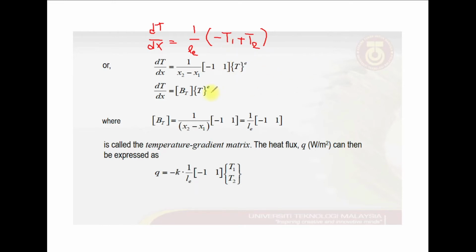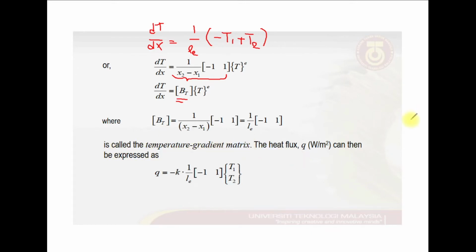So in an even more compact way, we can represent this whole expression by matrix B. And this matrix B is called the temperature gradient matrix.